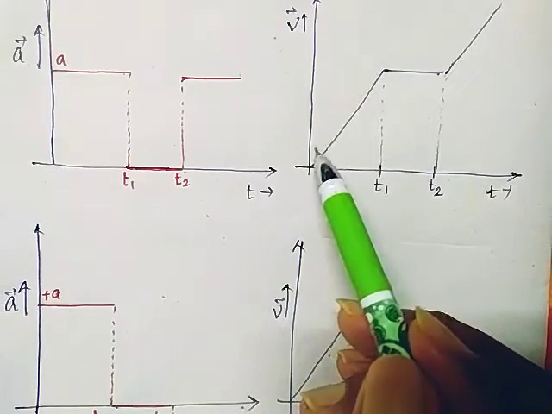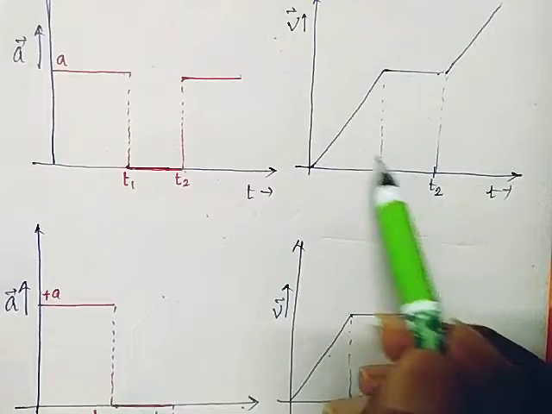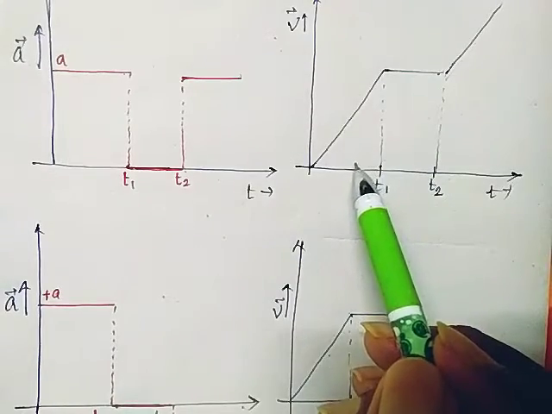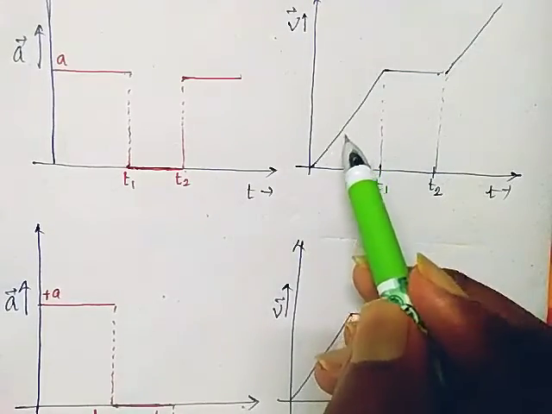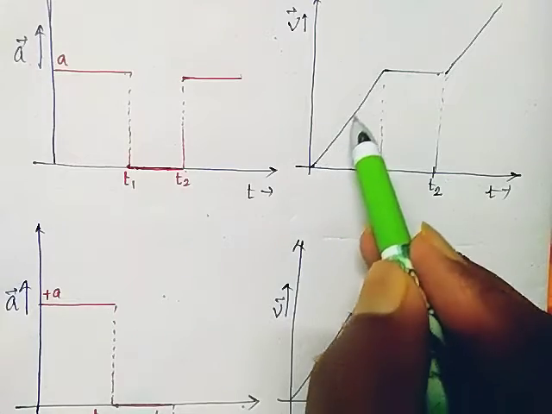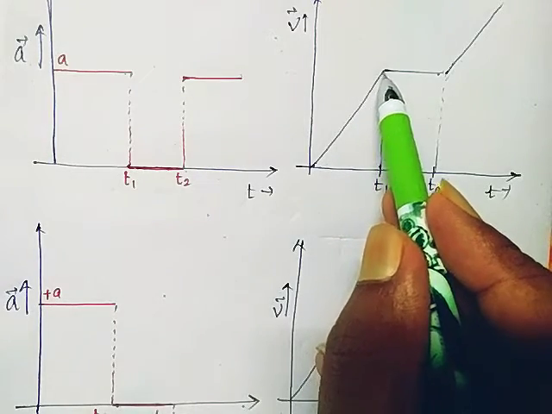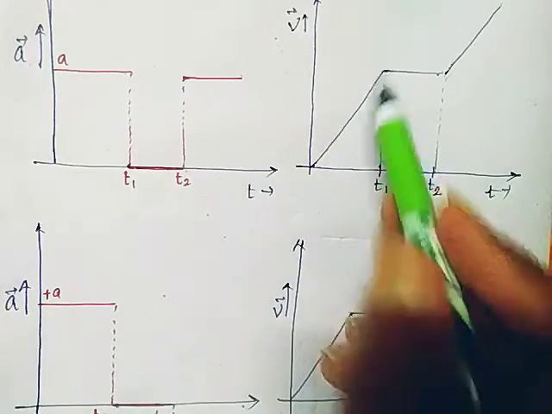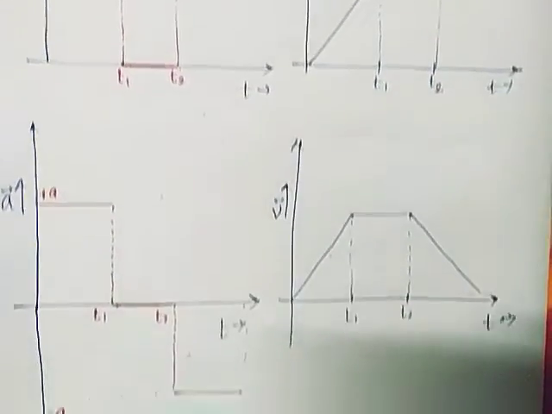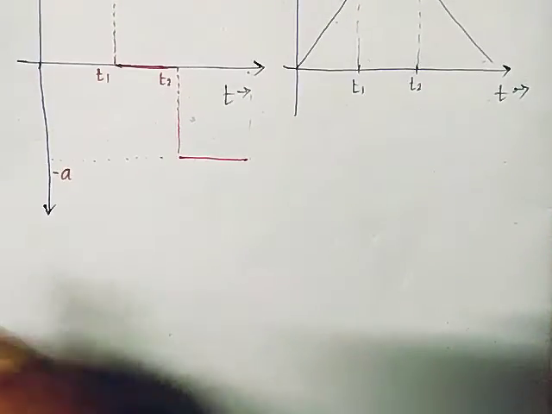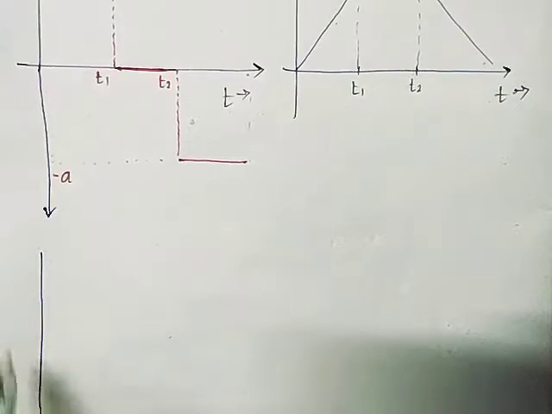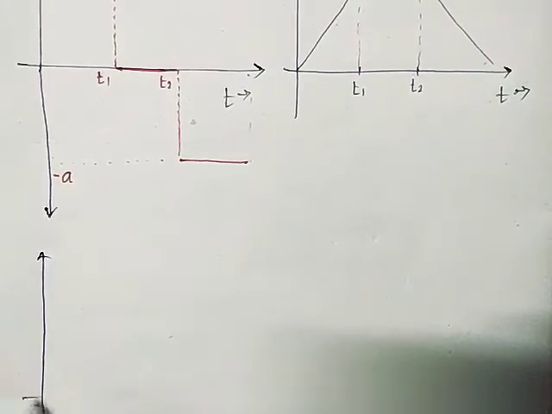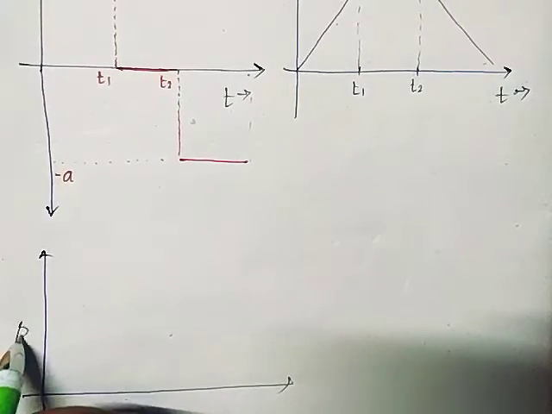If I want to show the displacement versus time graph for this particular velocity versus time graph, you can see that the velocity is increasing continuously and attains some value. This is the displacement versus time graph.